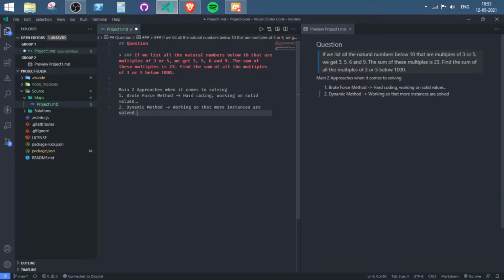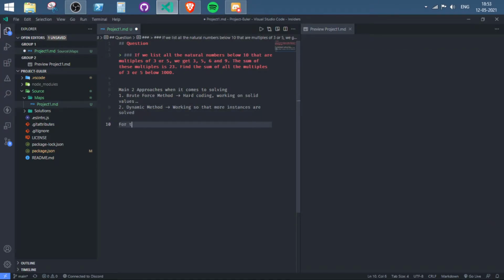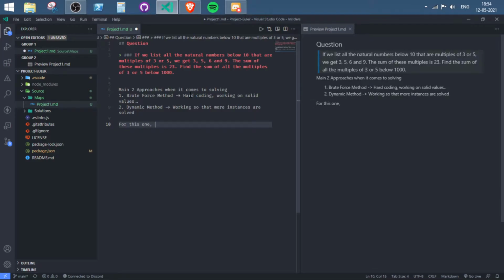For this one, because in school I have been taught this chapter, I know what to do, and it will be pretty easy for me to use the dynamic method.